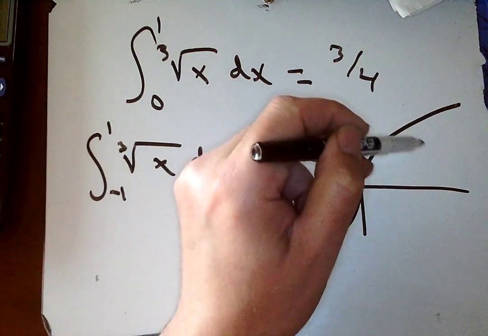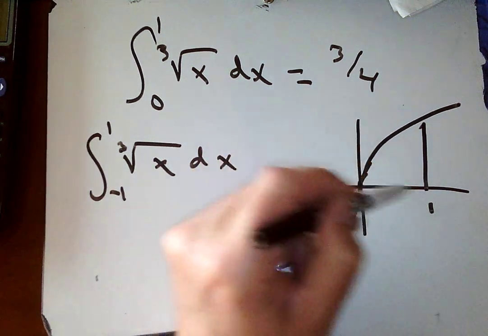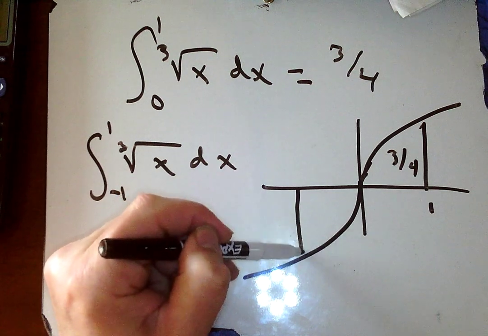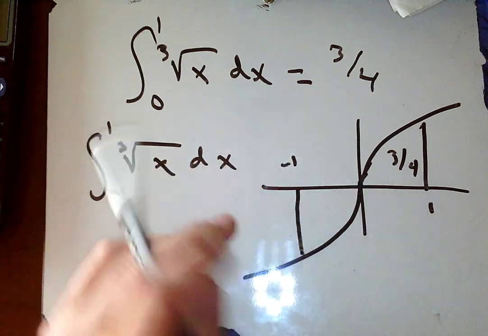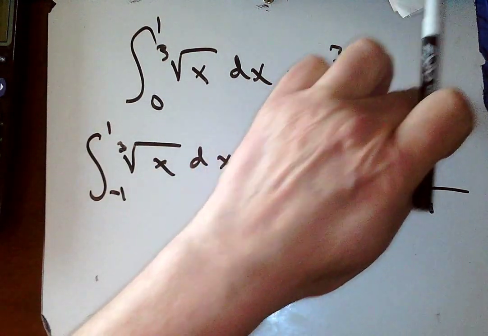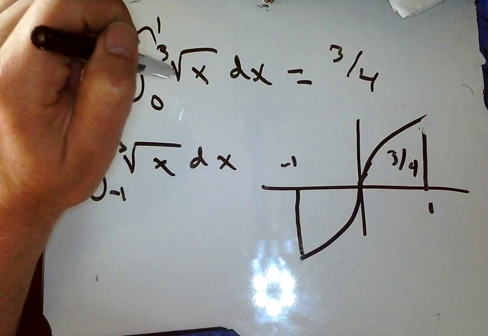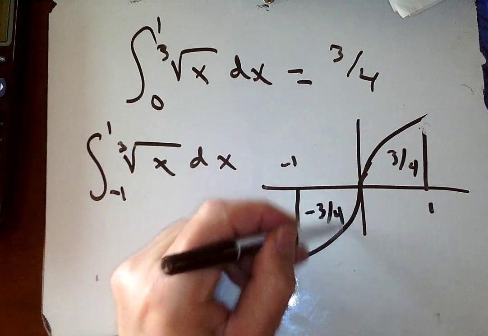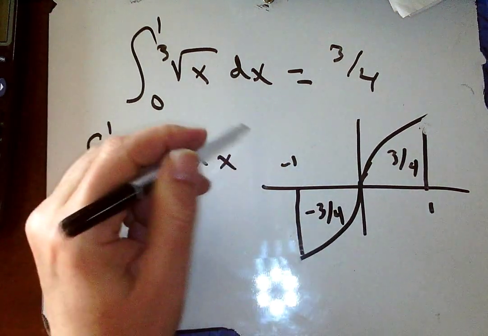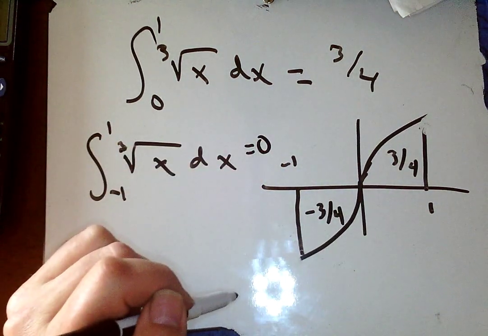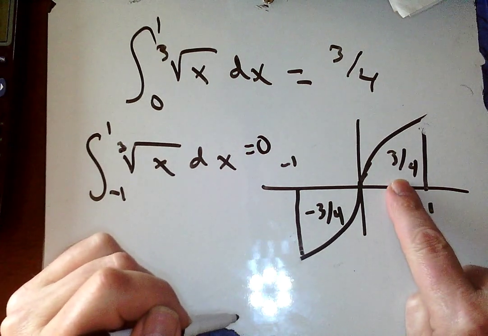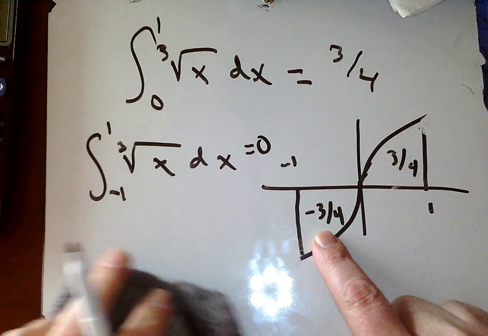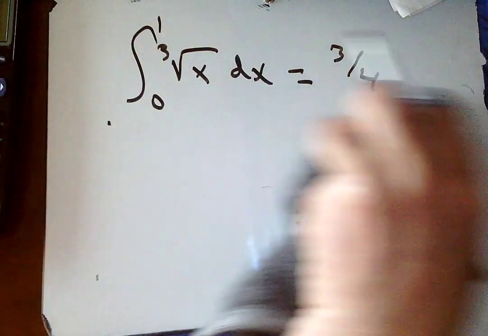Here's our cube root graph. And this is 0 to 1, and we know this is 3/4. Well, here's -1 to 0. And because cube root of x is an odd function with origin symmetry, we know this is going to be -3/4. And so we know that this integral would be 0, right? Because this up piece will cancel exactly out this down piece, okay?